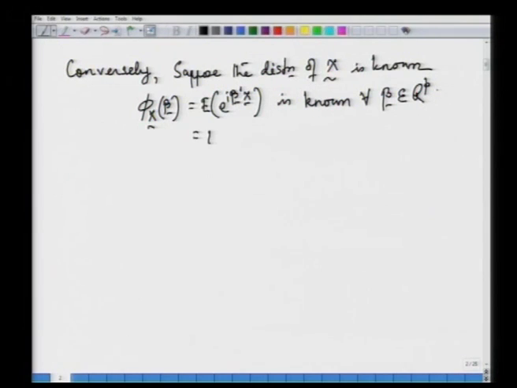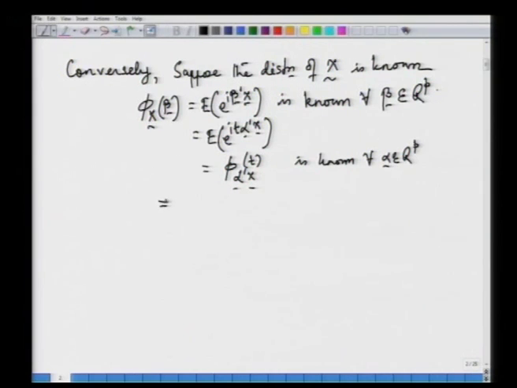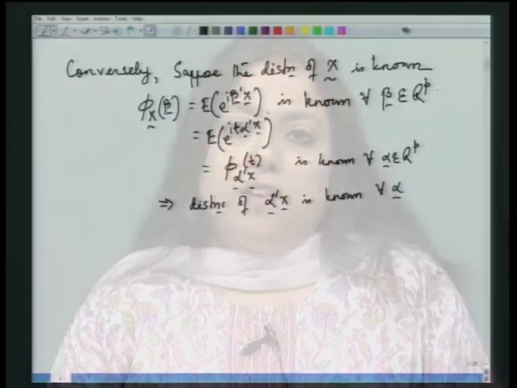Similarly, I can write that this is nothing but expectation of e power i t alpha prime x, known for all beta, or now for all alpha, because beta prime is nothing but t alpha prime, and this is nothing but the characteristic function of alpha prime x at t, and this is known for all alpha now, implying that distributions of alpha prime x is known for all alpha, thereby completing the proof. This is the Cramer Wald theorem.